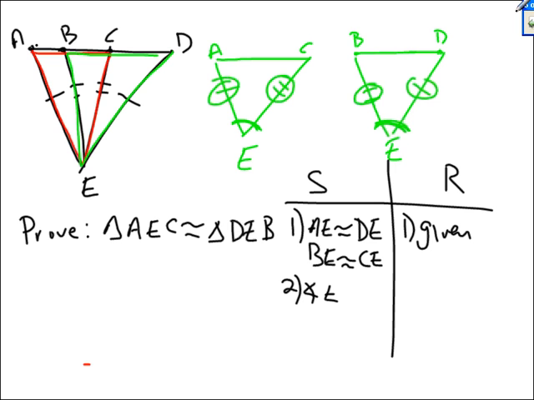Number two, angle A. Oh, wait a moment. We have to be careful about this angle E. Sorry about that. Those two angle E's are not the same angle. This angle E here is just that part.